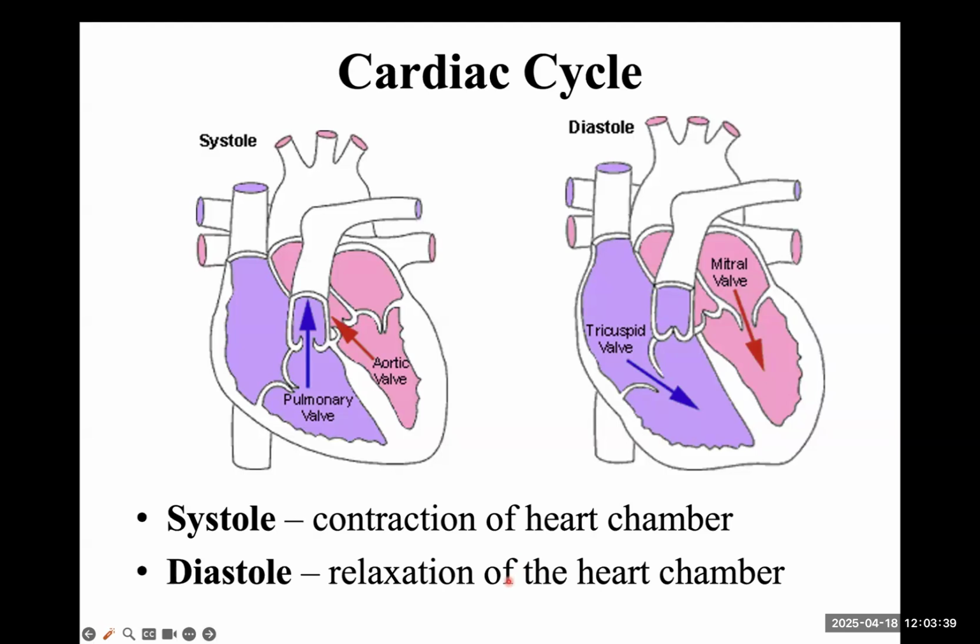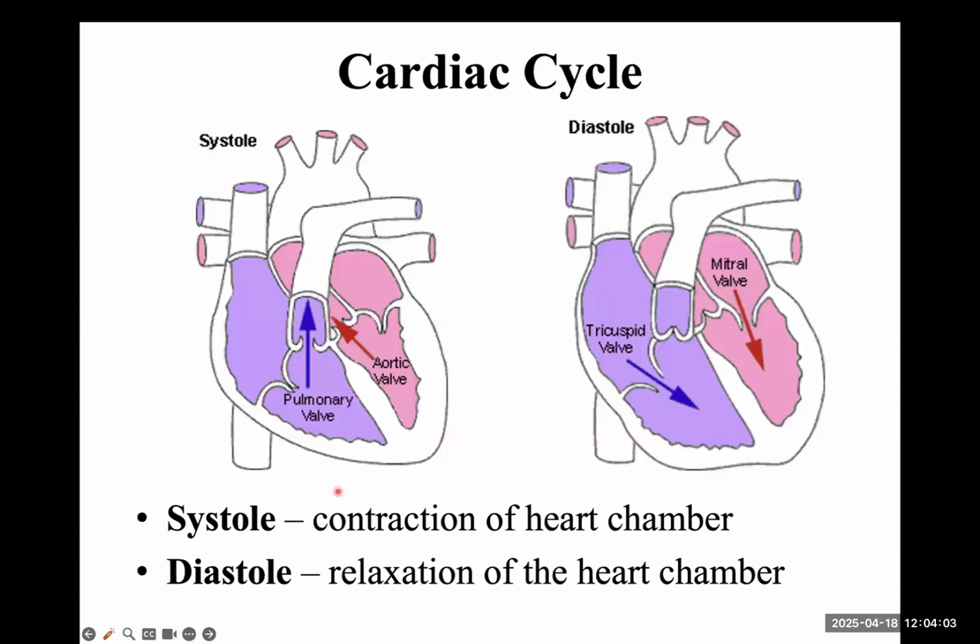And in this one, the atria have contracted, and that's going to be atrial systole. If the ventricles have contracted, that's going to be ventricular systole. Same thing for diastole. If the atria relax, atrial diastole, and if the ventricles relax, ventricular diastole.